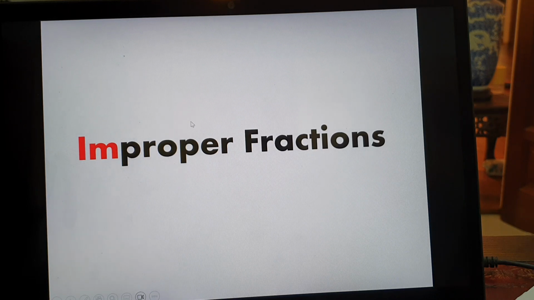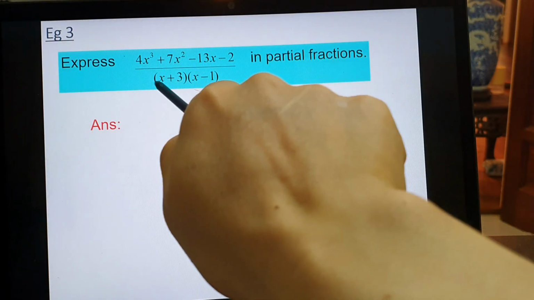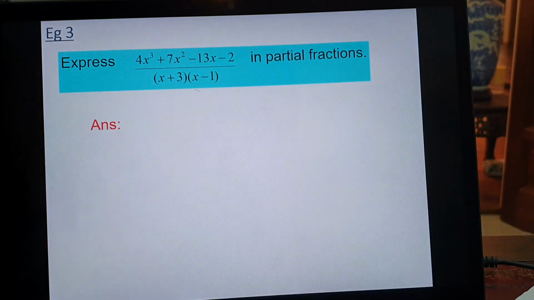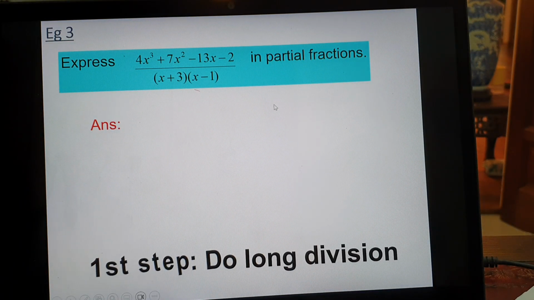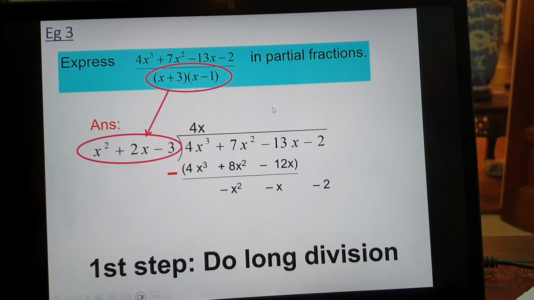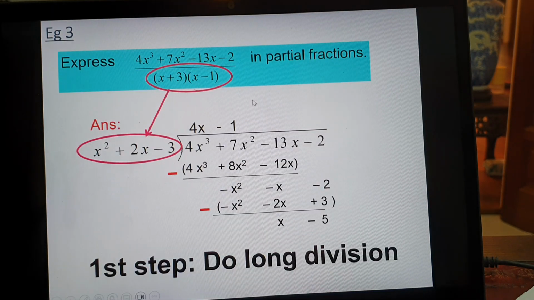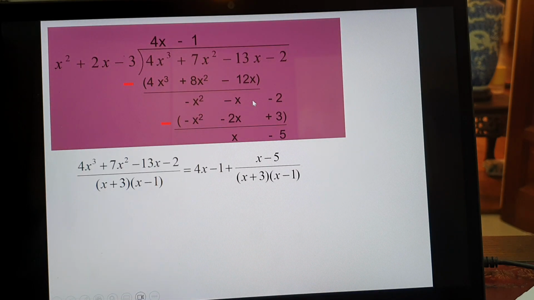Improper. Now we talk about improper. When it's improper, improper means you can actually do long division. So in this case, can you see that when you combine these two, it's x squared. You can actually do long division. So long division, I think most of you have no problem. You go and do long division, and then you will end up with this.